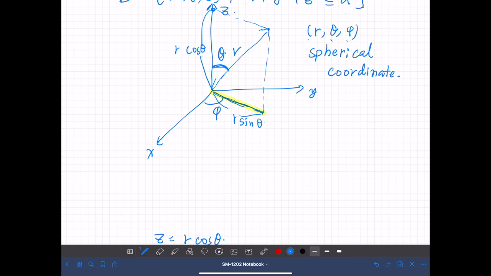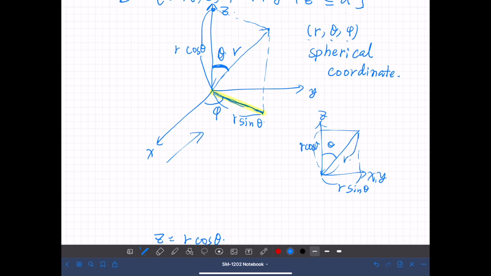If we look at it from this angle, this is the xy plane, and this is z, and this is theta, and this is r cosine theta, so this is r sine theta, where this length is r.